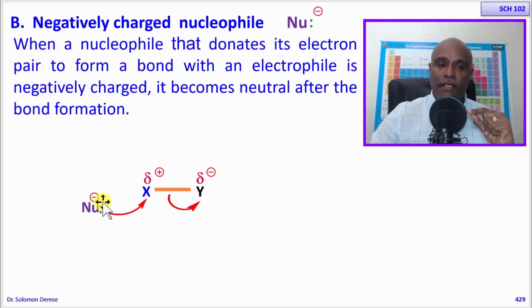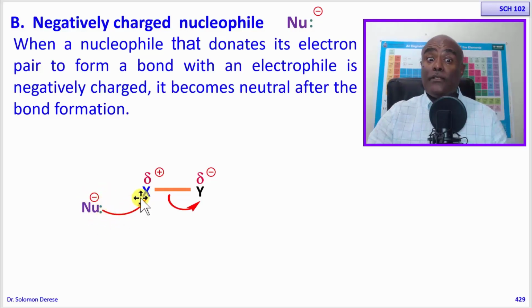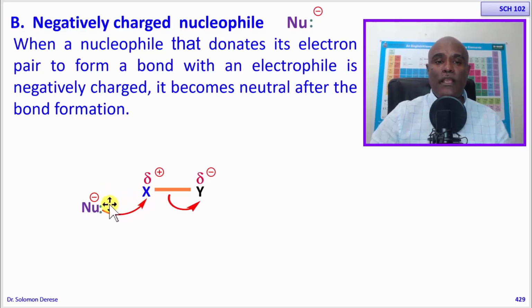So this nucleophile, which is negatively charged, when it forms a bond with X, it is the excess electrons that have made this nucleophile negatively charged. When it gives away those electrons and forms a bond with an electrophile, it becomes neutral.